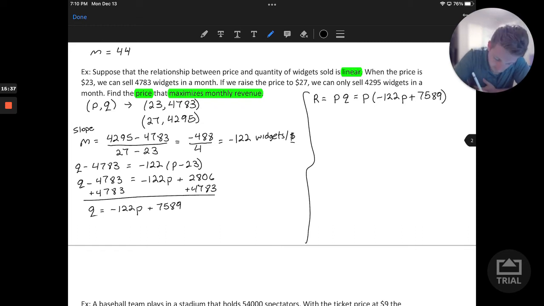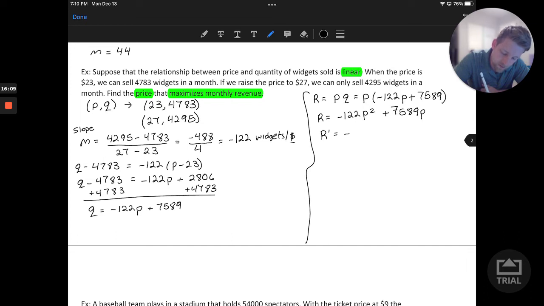So our revenue function, if we multiply this, ends up being negative 122 P squared plus 7,589 times P. So we do have a revenue function here, and this is what we want to go ahead and maximize. So taking a derivative, we'll call that r prime, setting it equal to 0 in the next step.